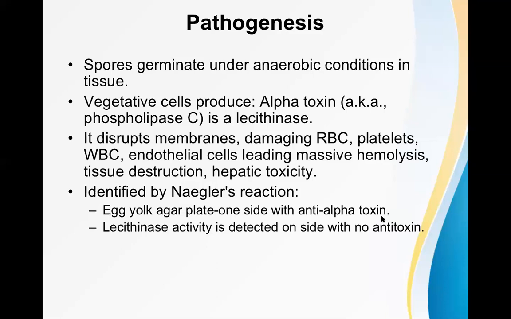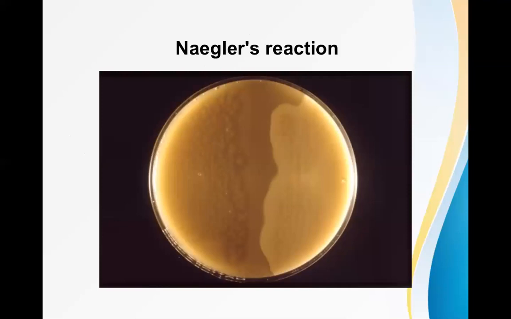That's how we can compare the effect of this toxin. Then we inoculate this particular bacteria, Clostridium perfringens. Then we check what is the lecithinase activity on that egg yolk agar plate. Now let me explain this with the help of a picture here. See this? All of you please focus here.